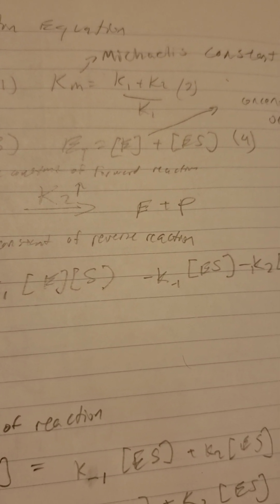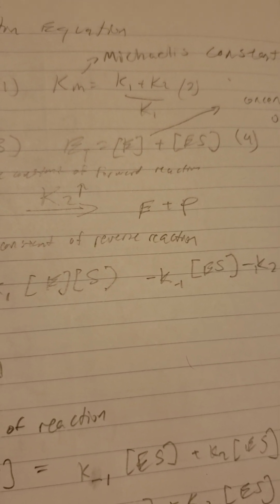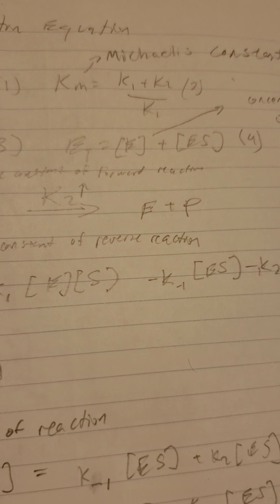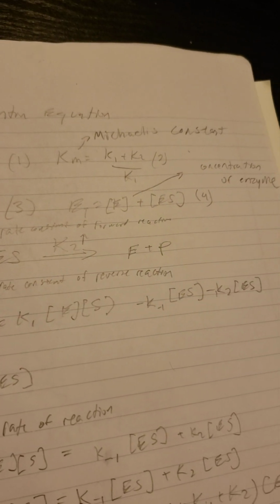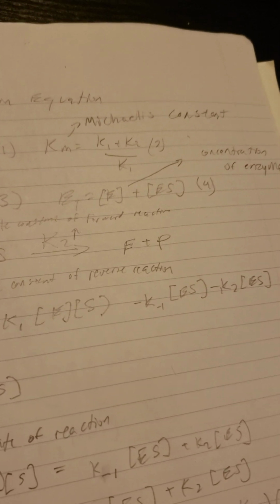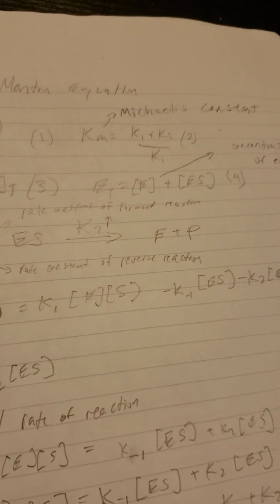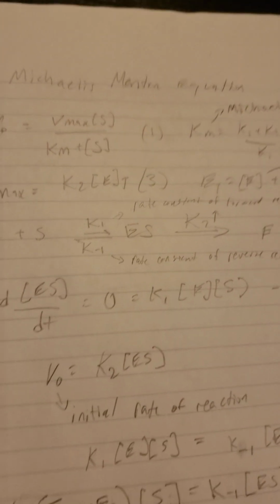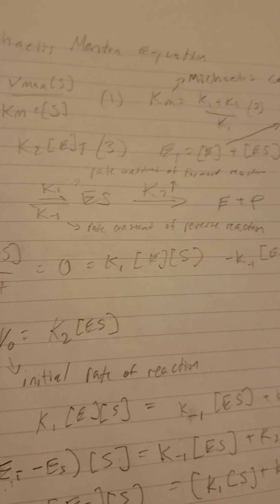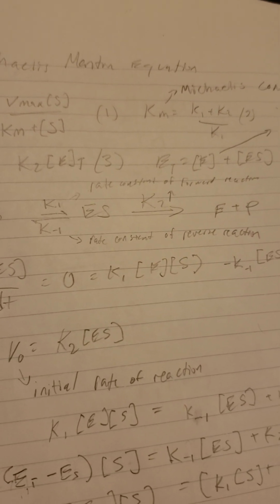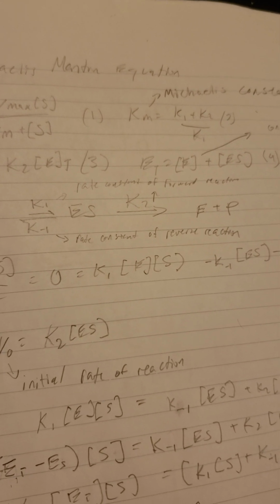And just in case I haven't clarified what ES was, ES is the bound enzyme, otherwise known as the enzyme substrate complex. And just to clarify, E right here is the concentration of the unbound enzyme. Now, moving forward, we do not know the concentration of ES because ES is formed during the reaction.